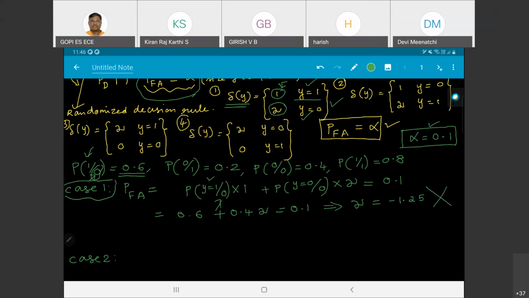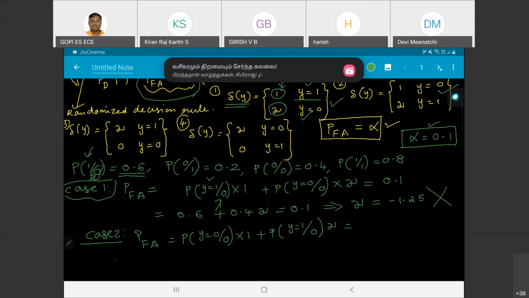So we will go for the second case now, case 2, the same procedure. We have to go for this calculation of the probability of false alarm. So this is the second rule, which is basically probability of y equal to 0 when 0 is transmitted, times 1, plus probability of y equal to 1 when 0 is transmitted, times gamma.